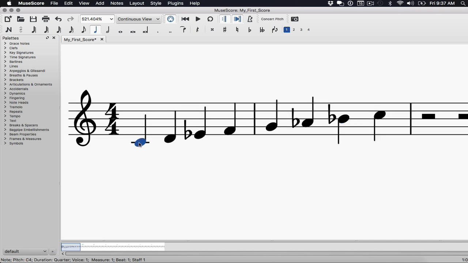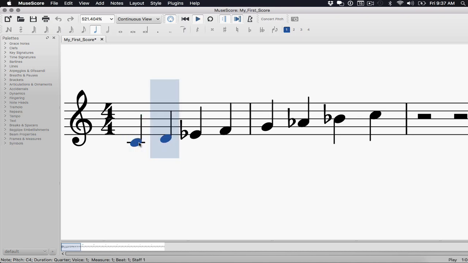Okay, so here's our minor scale. Okay, now let's make it into a Dorian scale. So the thing about the Dorian scale is that you can define a Dorian scale this way. It is a minor scale with a raised sixth scale degree. So here we have a minor scale.